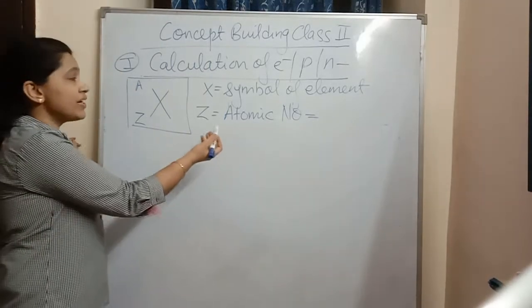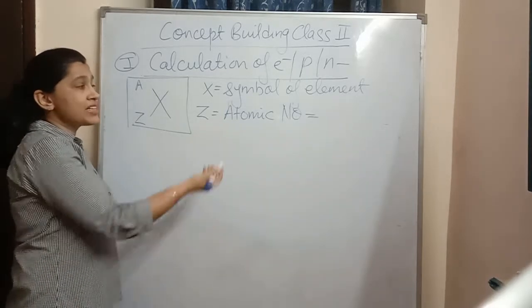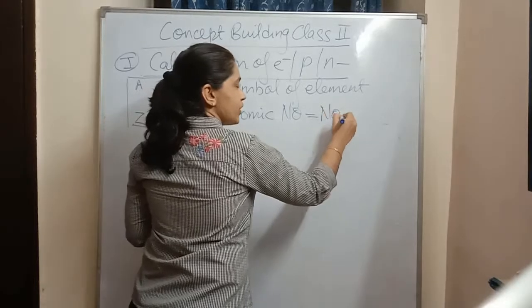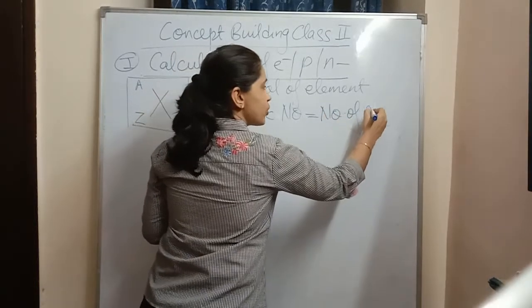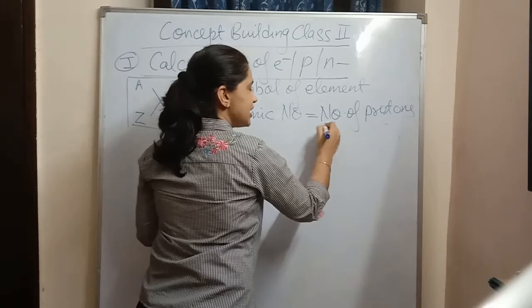So as we had written, Z stands for atomic number. This Z, that is atomic number, is also equal to the number of protons. और protons कहाँ पे present होते हैं? Inside nucleus.